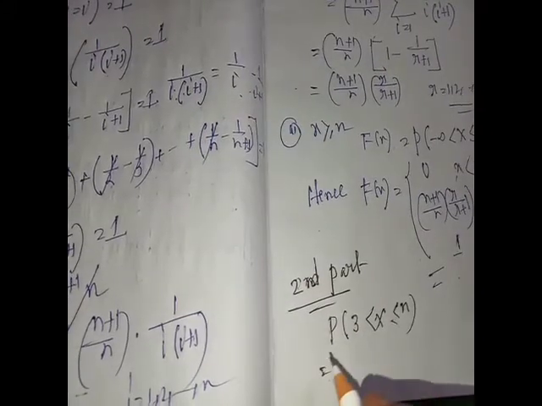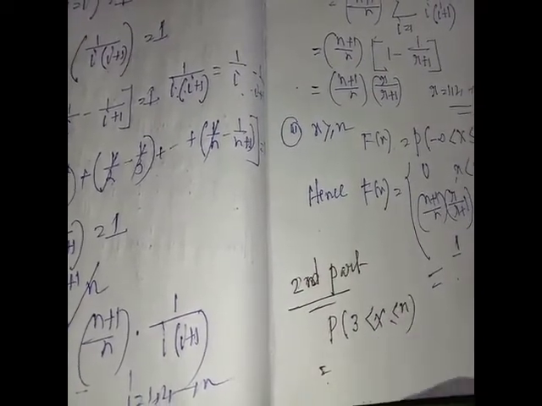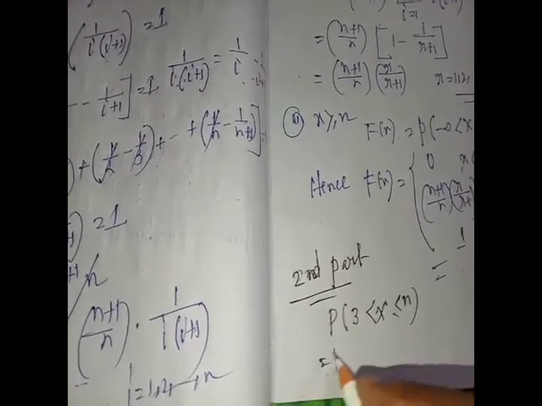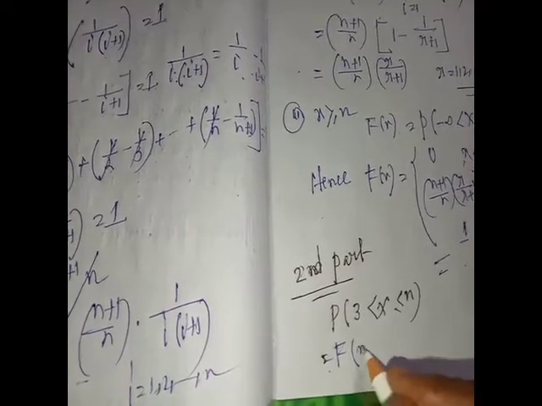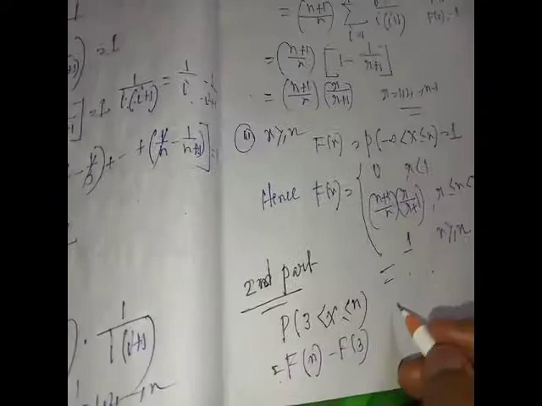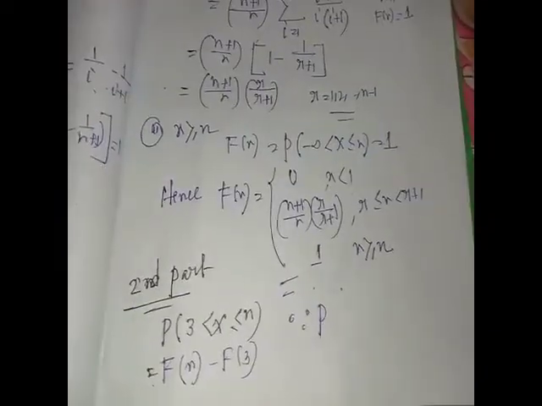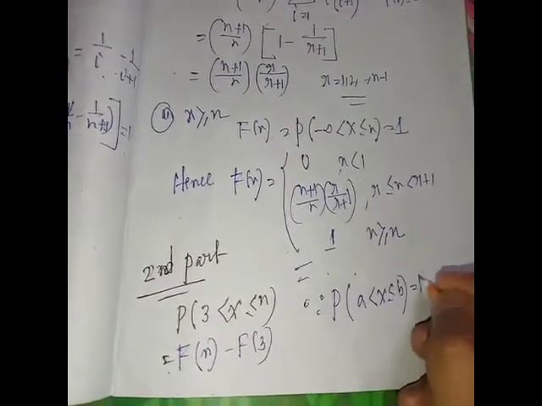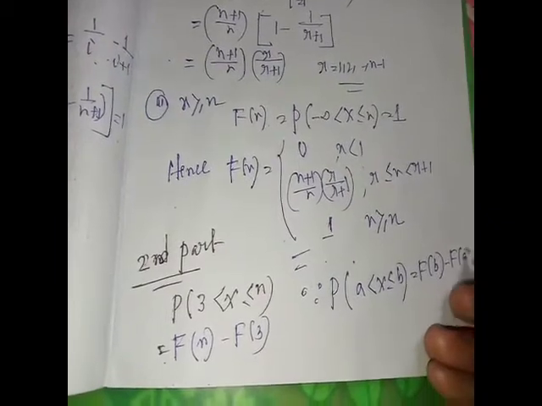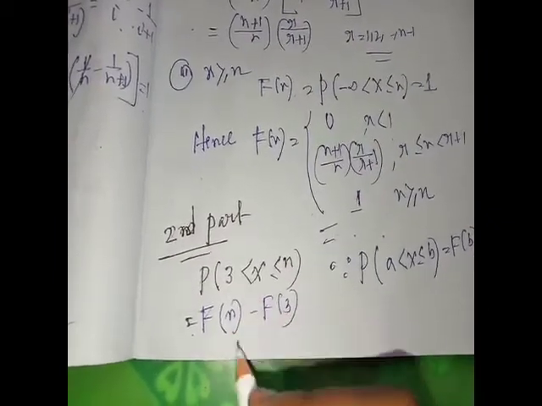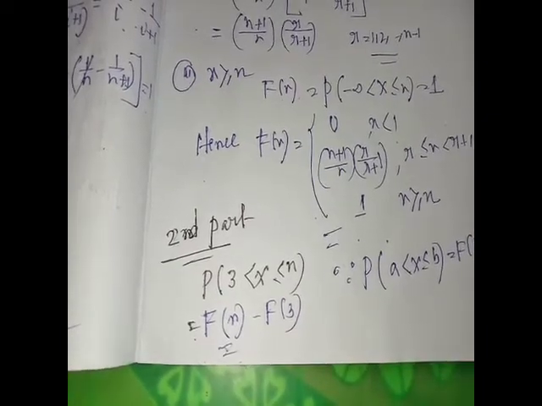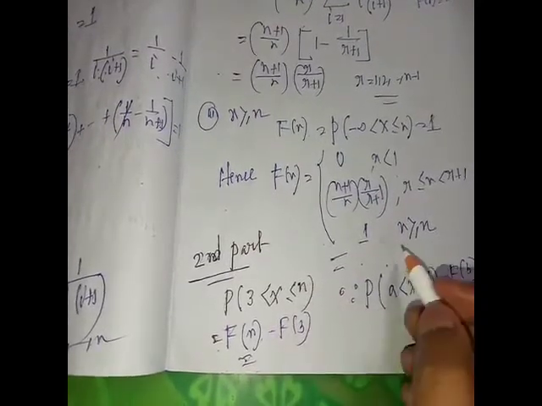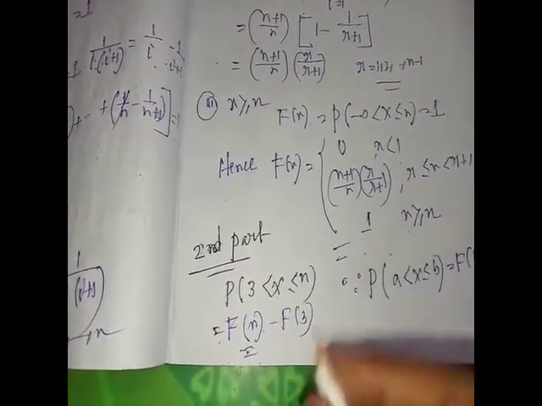From the previous class lecture, we see that the probability of a < X ≤ b is F(b) minus F(a). So in this case this means F(n) minus F(3). Here F(n), when x equals n, means 1.